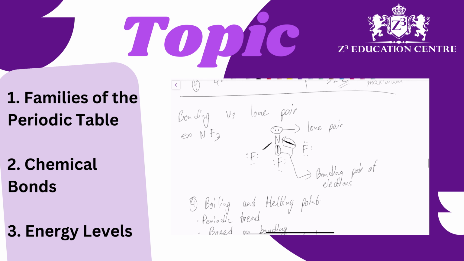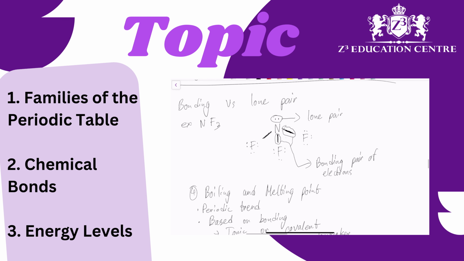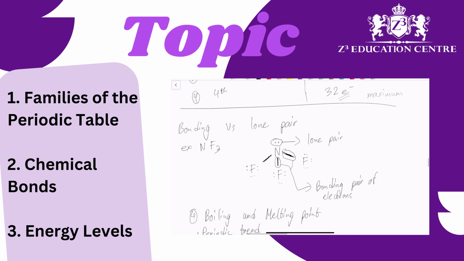Next, we move on to bonding versus lone pair. Bonding pairs are the pairs of electrons that are involved in the particular bond. So in our case, the example is NF3. We have the central nitrogen atom, which is single bonded to 3 fluorine atoms. Each fluorine atom has 7 valence electrons in its last shell, so it can do up to single bonds.